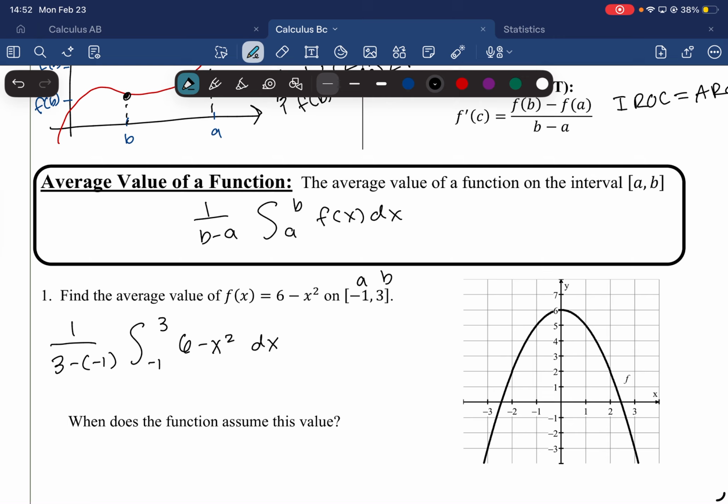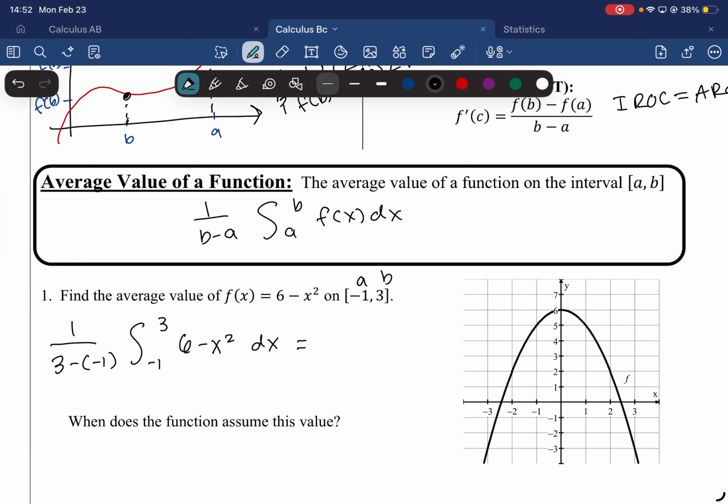Okay. We can easily integrate this. What would be the integration of 6? 6x. And what's the integration of -x squared? Good, -x cubed over 3.